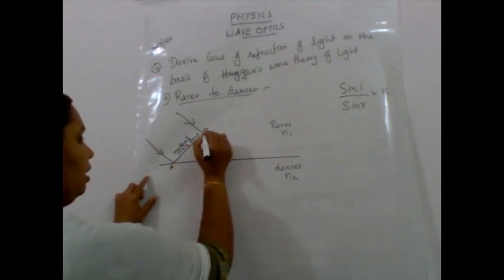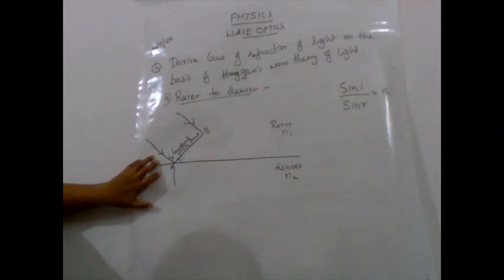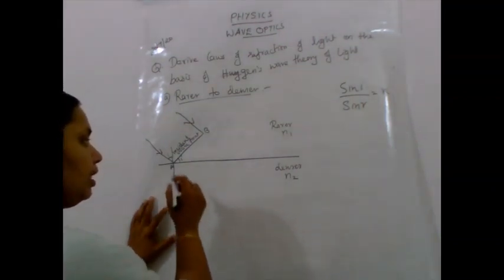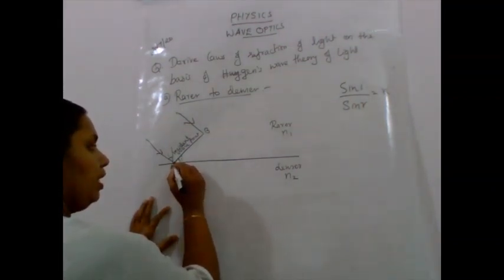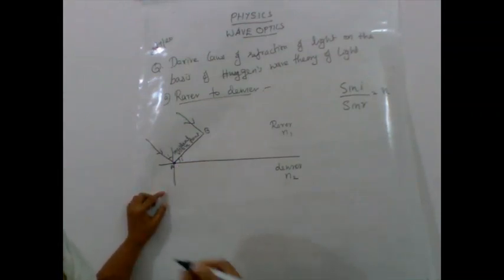And here we can draw the normal. So what is this angle? It is i, and this is also i. Okay, same thing, both angles are i. And here, this point has reached the refracting medium, the refracting point. So what happened? The point becomes the source of secondary wavefronts, and from the source the secondary wavefronts form, and that will be the refracted wavefront.